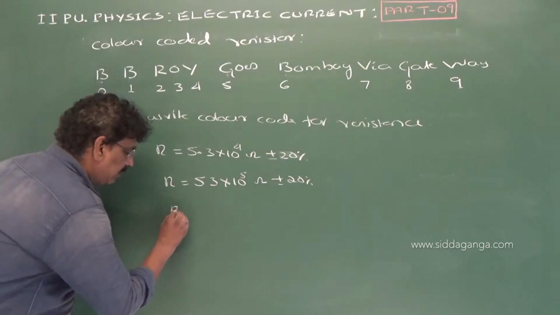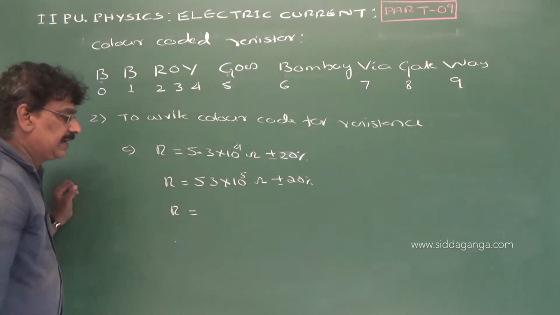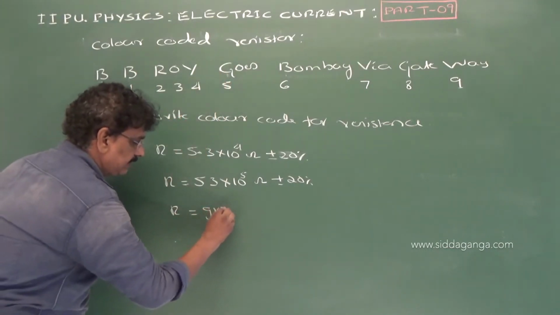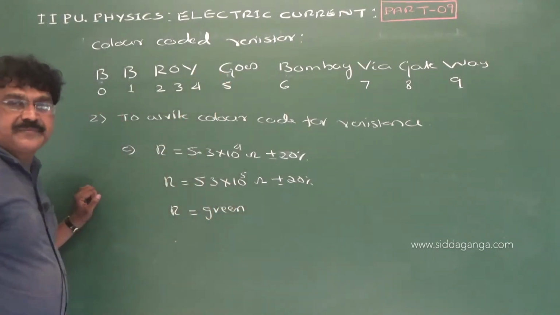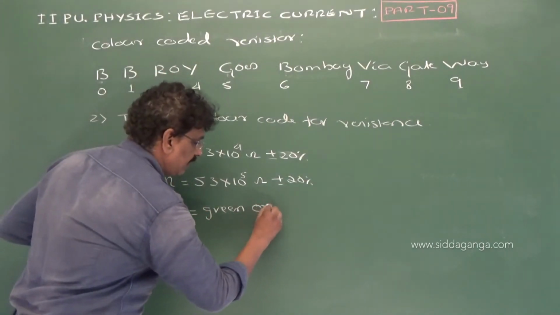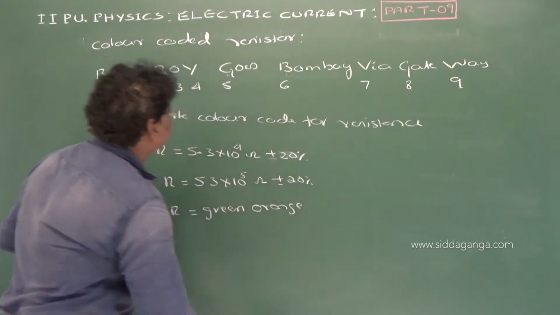Now R is equal to 5, that is green, 3, orange.